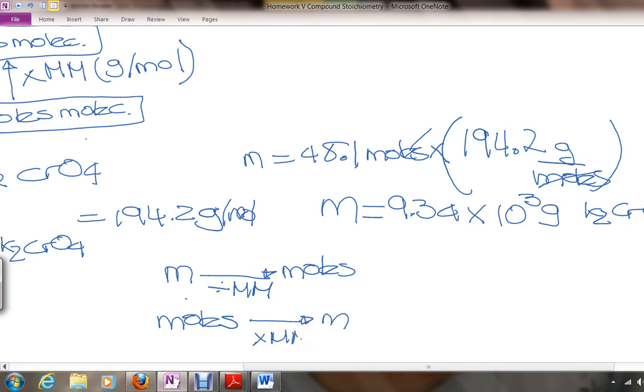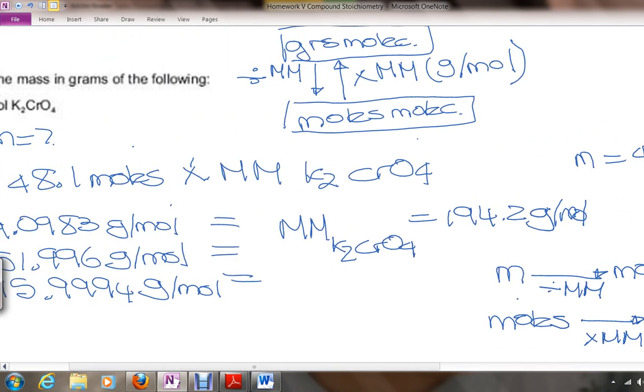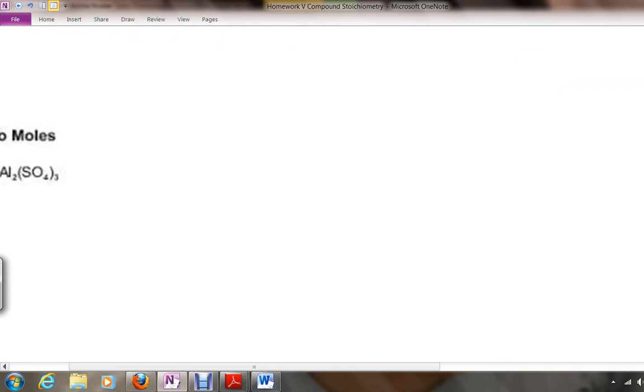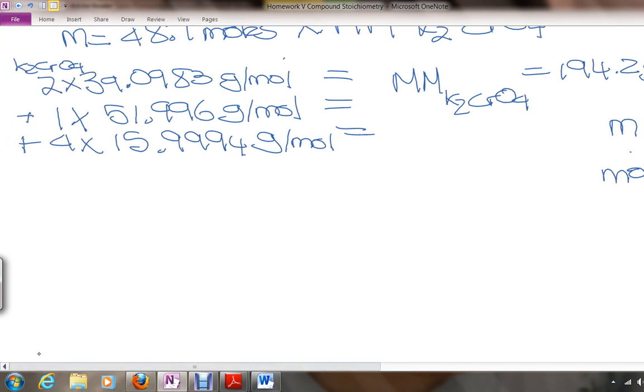If you know the compound, you can always do that. It's like the problem with density. When you have density, you find out the volume. If you have volume, you can find out the mass always. Unless we get into those tough problems where we don't know the compound.